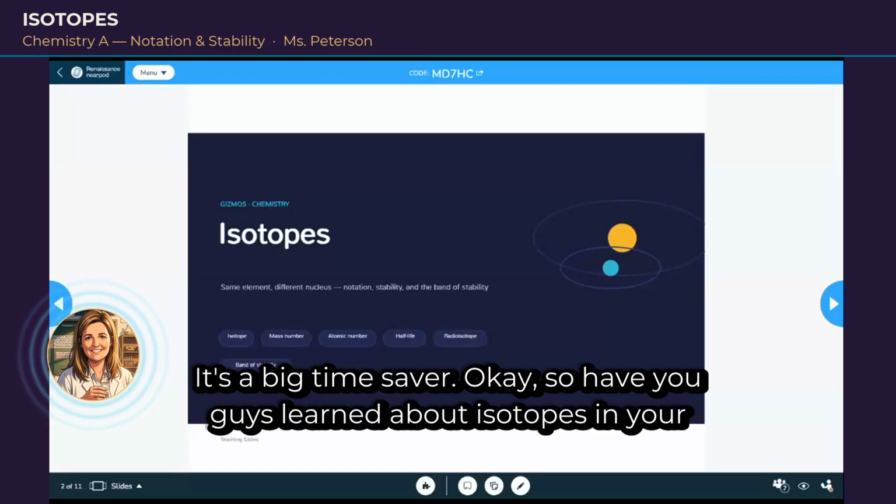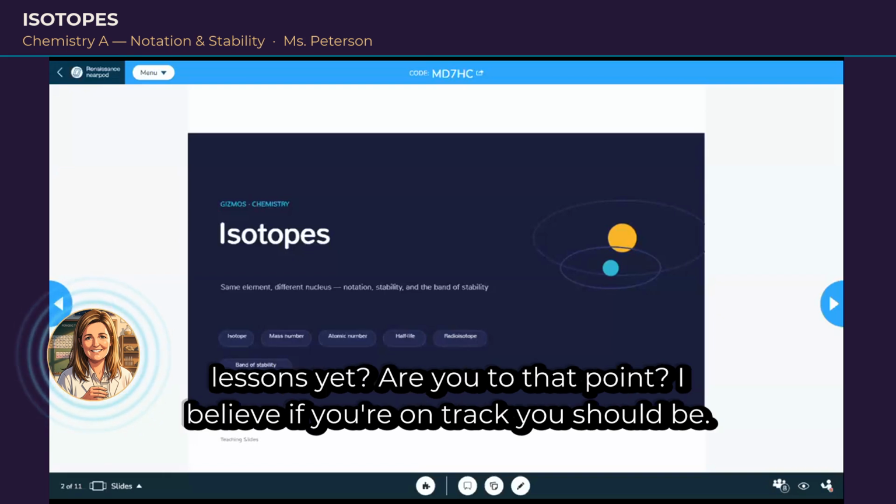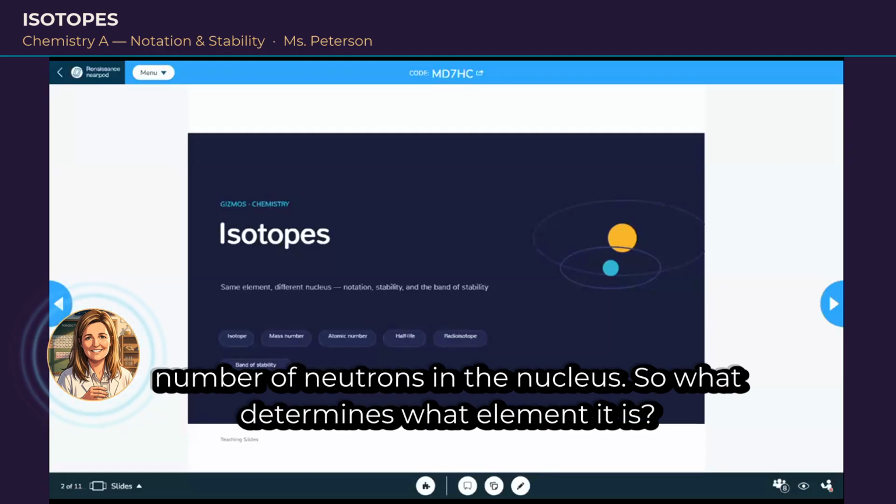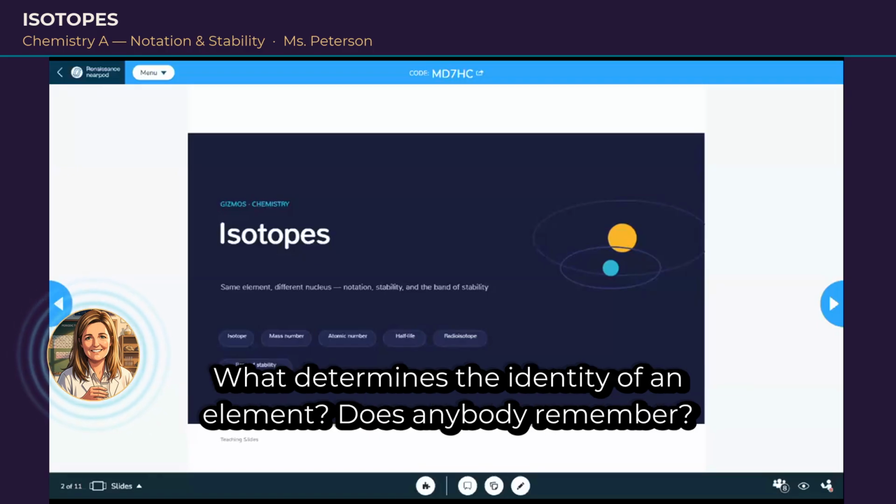Okay, so have you guys learned about isotopes in your lessons yet? Are you to that point? I believe if you're on track, you should be. Isotopes are just the same element, but they have a different number of neutrons in the nucleus. So what determines the identity of an element?